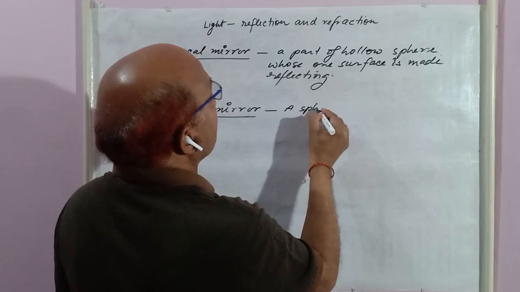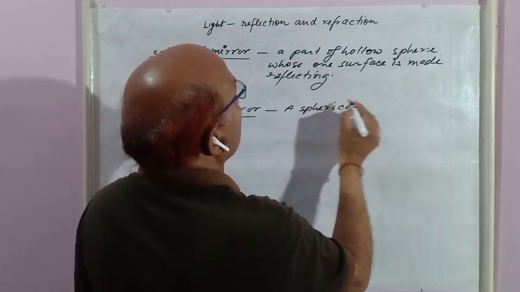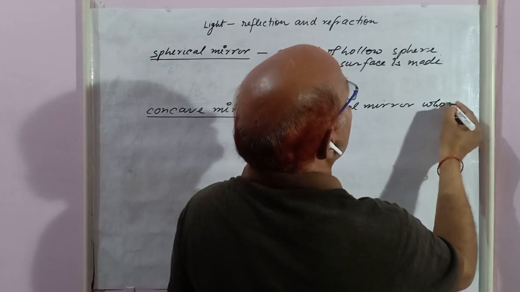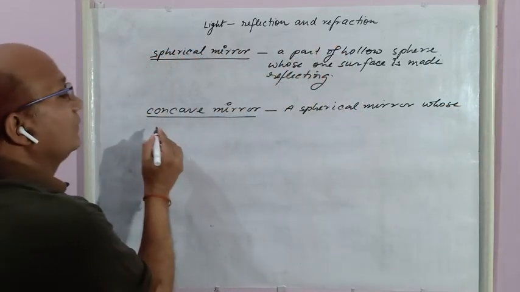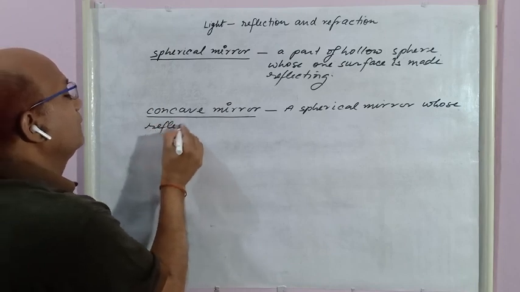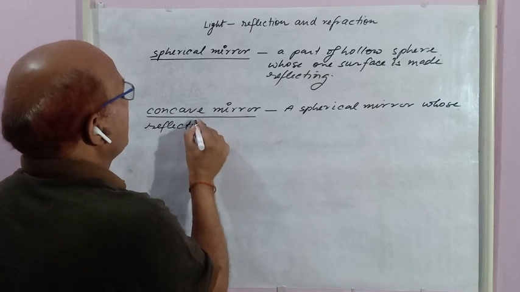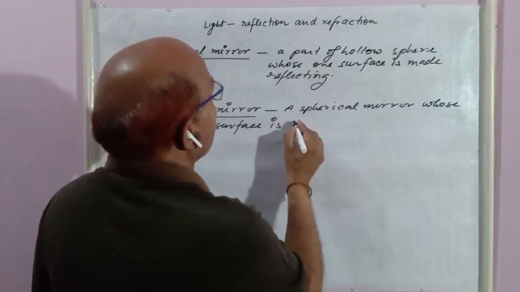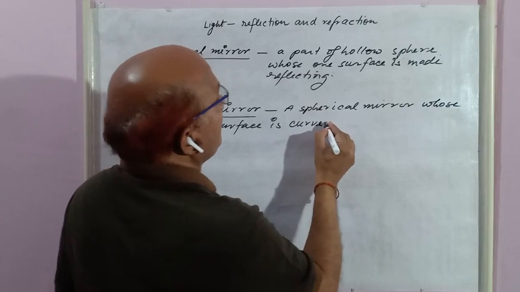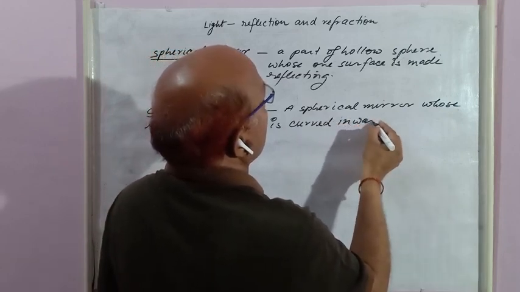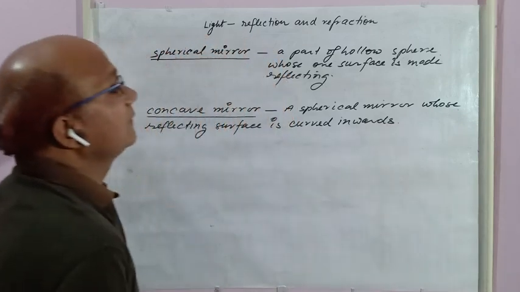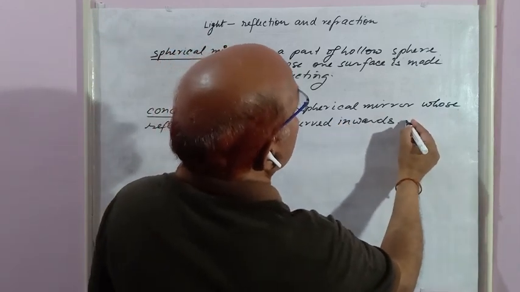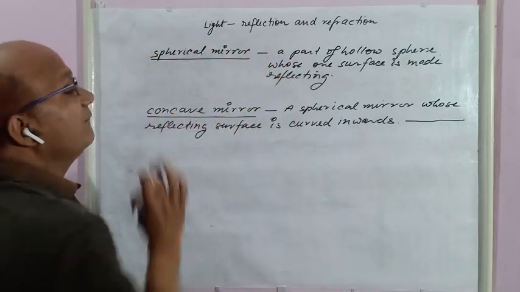A spherical mirror whose reflecting surface is curved inwards is called concave mirror.